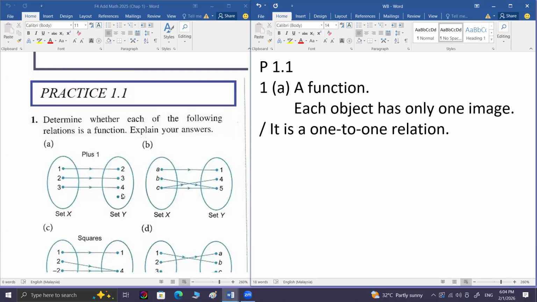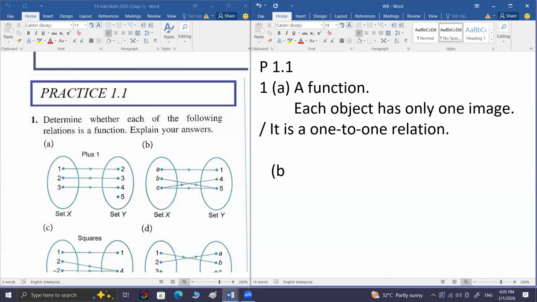Got it, the first one? Now you can explain each object has only one image, or it is a one-to-one relation. Can you understand? Make sure you understand everything that I explain, especially for you who join the online class. If you can't get my meaning, you can send to my WhatsApp or to my chat box, yeah?